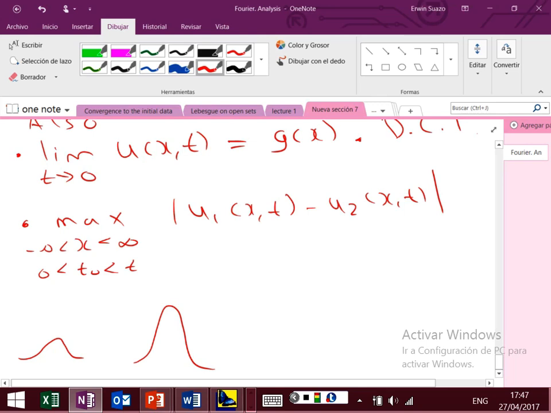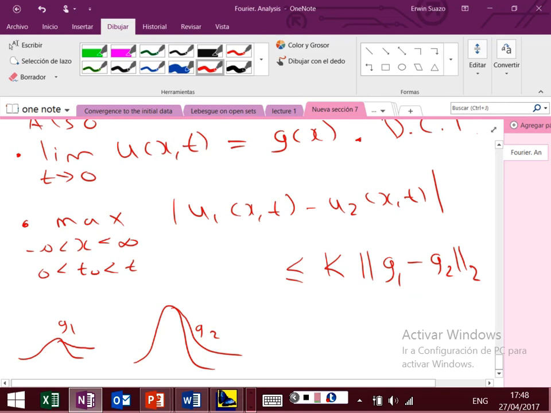So what will happen to the two solutions? So this is g1 and this is g2. What it says is that the solution for each kind of problem is going to be bounded by their initial data. Okay, so these are the solutions. So u1(x,t) is how fast this is cooling down, and then u2 is how fast this is cooling down.